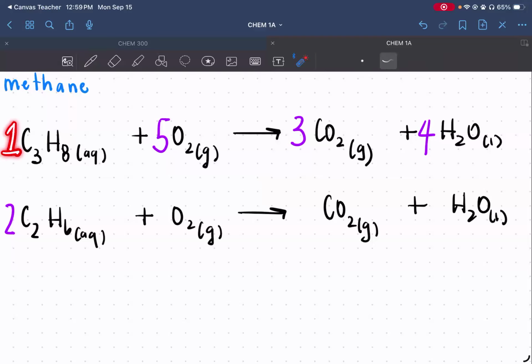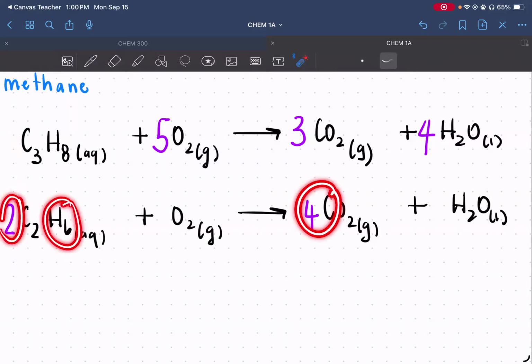Well, we're just going to go in order. We assumed 1 at first and balanced accordingly. But this time, that 1 didn't really help. So we're just bumping it up to 2. Now we're going to try it again. Now there's 4 carbons on the left. We put 4 on the right. Now there are 12 hydrogens on the left.